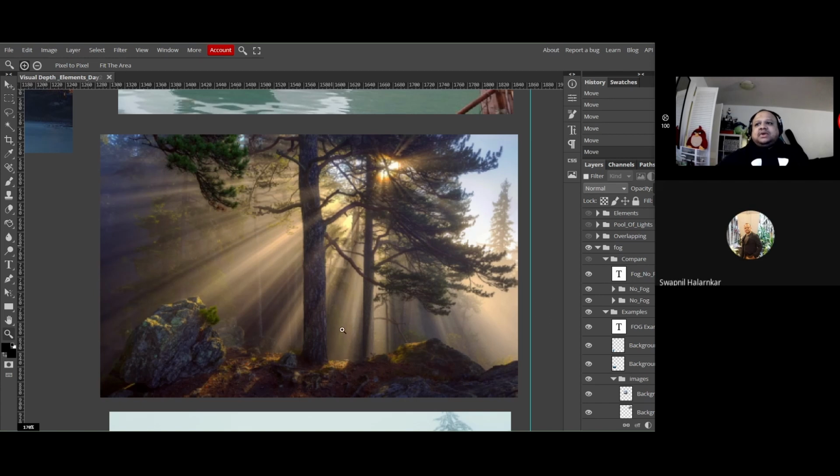Towards the camera you will not see much fog. As you know how reflection works, as the object angle goes away from the camera, there is more reflection which will take place. As it is facing more towards the camera, there is less reflection. This is the same phenomenon.